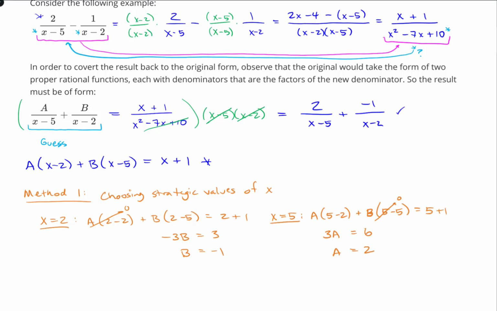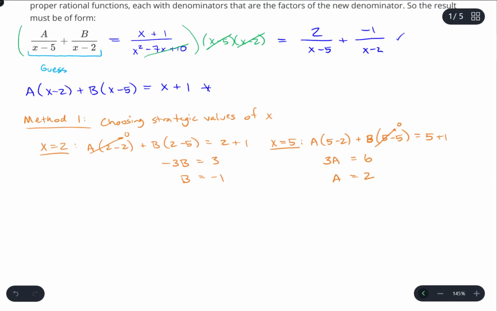Now, I said that there's different methods of solving this equation, so let me show you another. Although choosing strategic values of x is always the easiest, and you should always use that when you can.